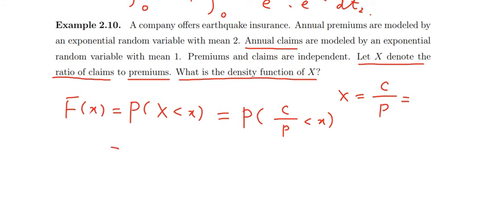So this equals P(C less than P times x). We want to find this probability, right?